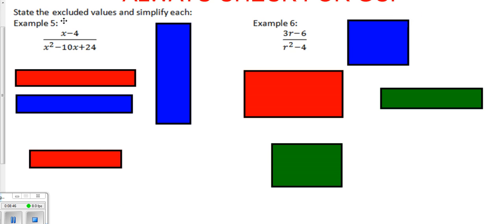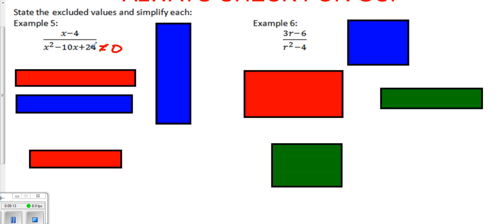So let's look at example 5. First off, we need to state the excluded values and simplify each. So we need to factor the top and the bottom, use the factored form to find excluded values, and then simplify. In this case, we want the bottom to be not equal to 0 to find an excluded value. So we need to factor this.